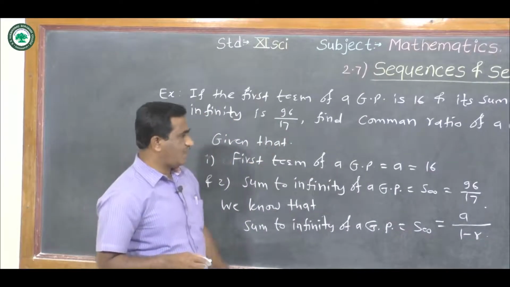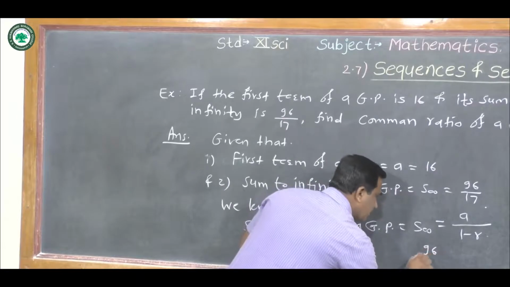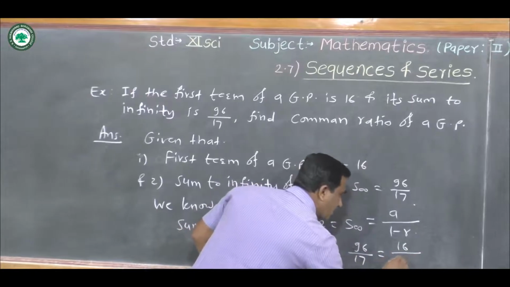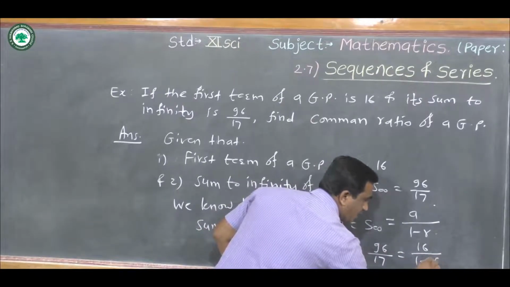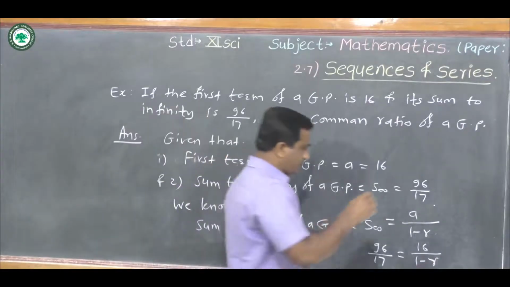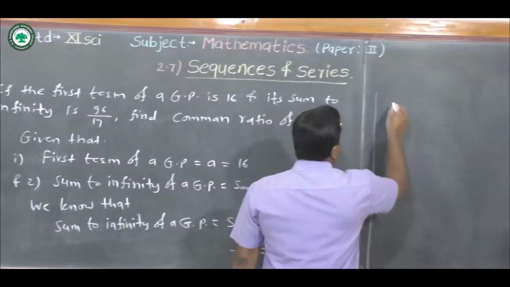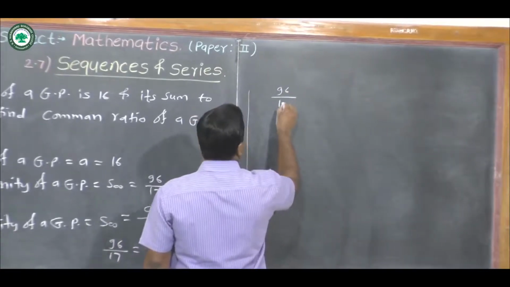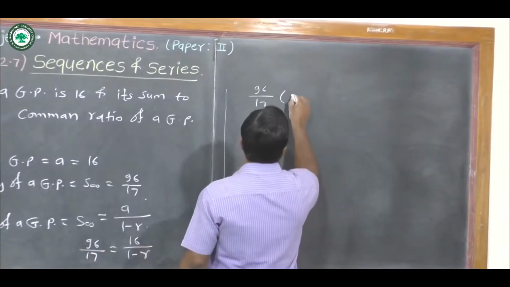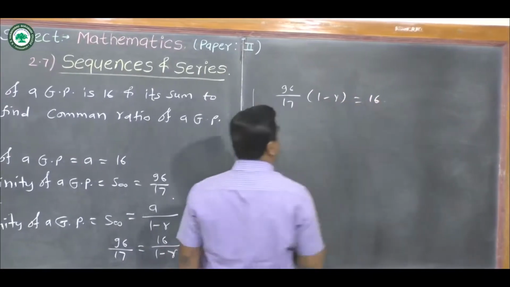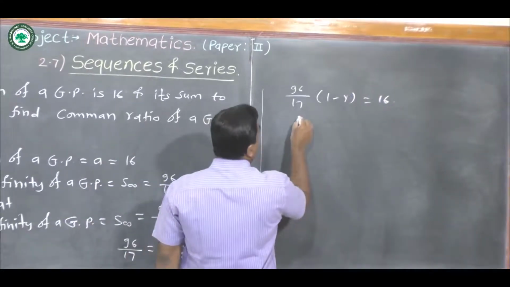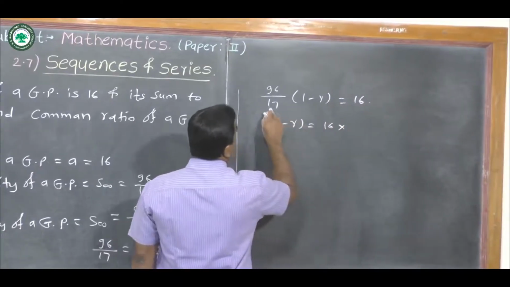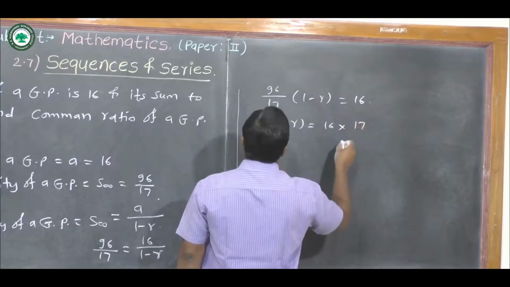S infinity equal to 96 upon 17 is equal to, A means 16, and we have to find R, that is upon 1 minus R. Okay, that is, we can write here 96 upon 17 into, taking this term to the LHS, 1 minus R is equal to 16. Okay, that is, we can write here 1 minus R is equal to 16 into, taking this term to the RHS, 17 upon 96.